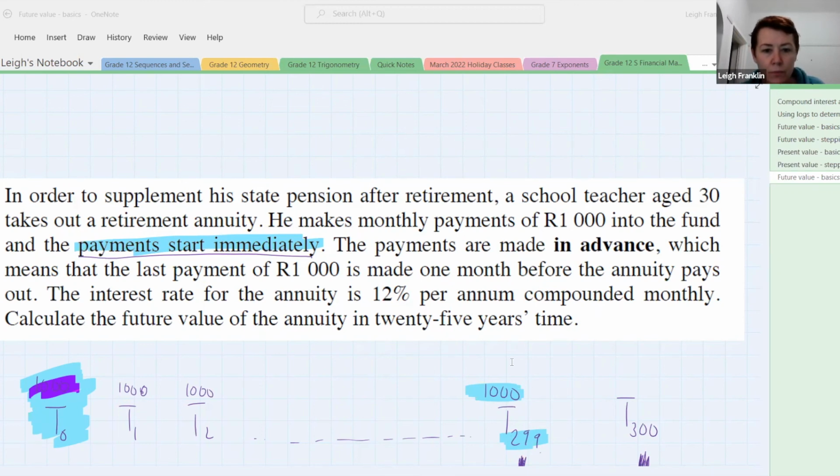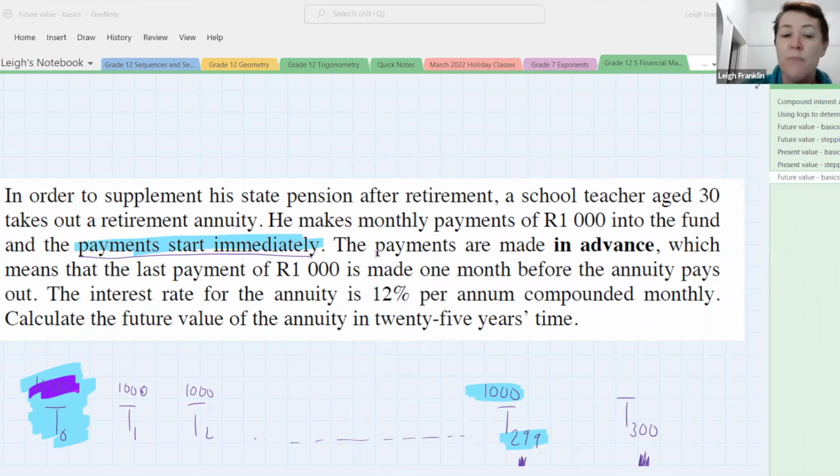Okay. All right, so payment start immediately means that a payment has been made at T0. If you start paying at T0 and you make 300 payments, you're going to end at T299, because we started counting at 0 instead of starting to count at 1.